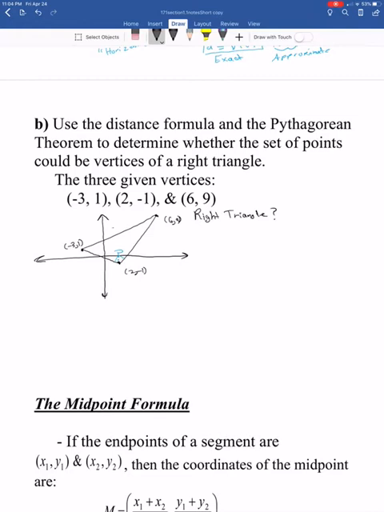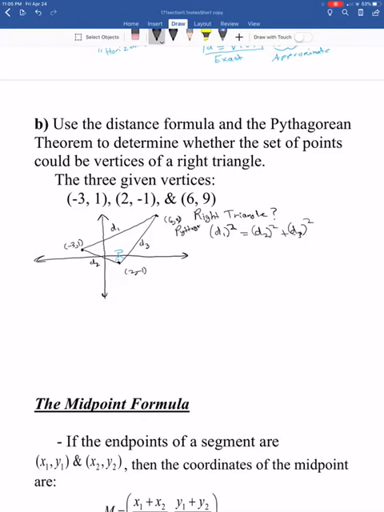So let's go ahead and label these three lengths. So D1, I'll call this D2 and D3. So our question, of course, the longest side, which would be D1, that would have to be the hypotenuse. So will D1 squared equal D2 squared plus D3 squared? Right? We know the Pythagorean theorem would have to hold true.